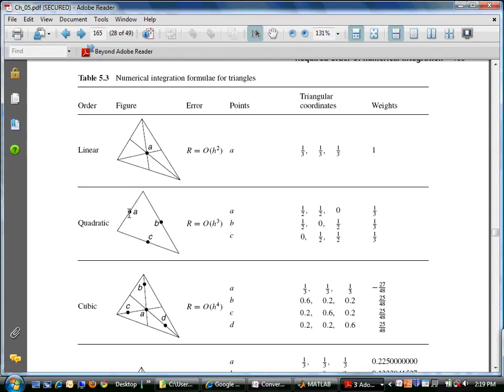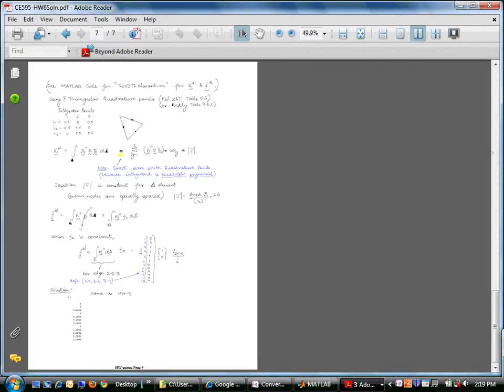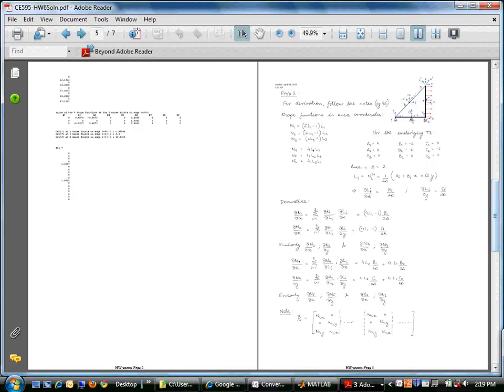If you use this 3-point rule for the triangular elements, I think a lot of you did your integrations in X and Y, and you could do that only because this triangle was oriented along the XY axis. So if this triangle was not oriented along the XY axis, you would have had to transform your integral.